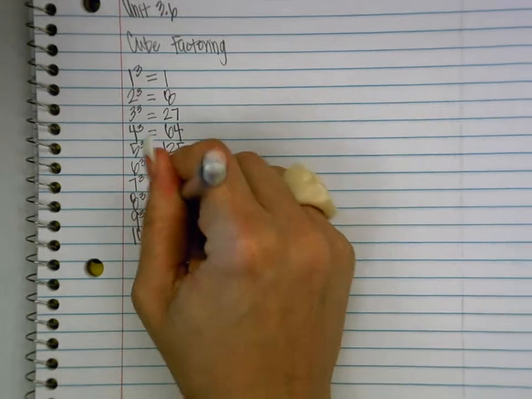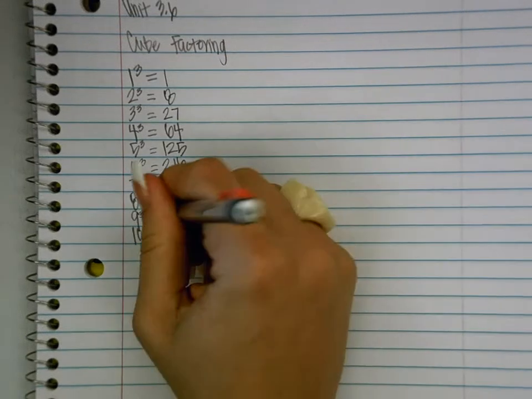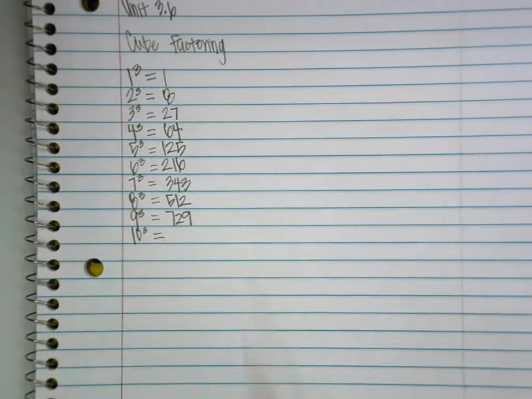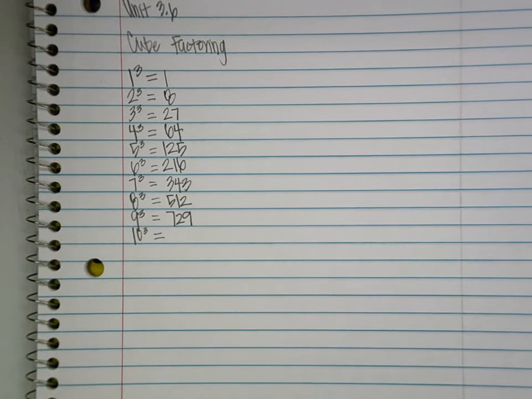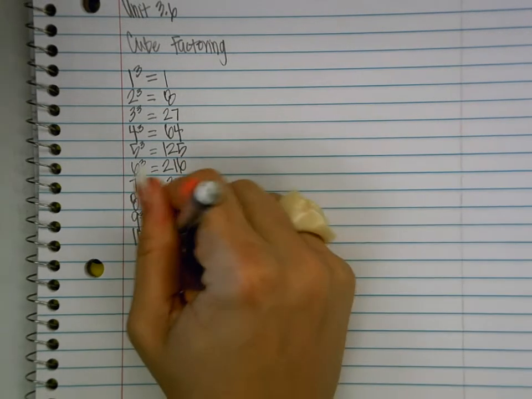That's not what I thought you said, sorry. Shabu. 9 cubed. Keyshawn. 729. And finally 10 cubed. Sarah. 10 cubed. 10 times 10 times 10. 1,000, yes. No trick questions.